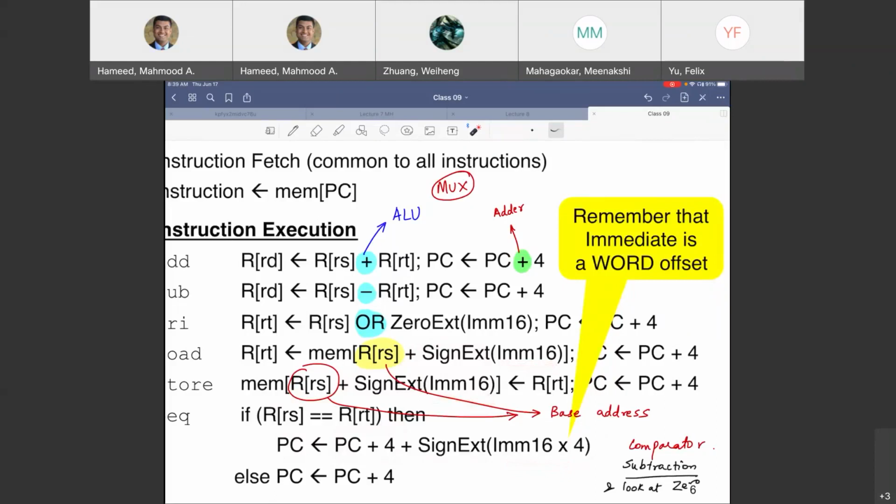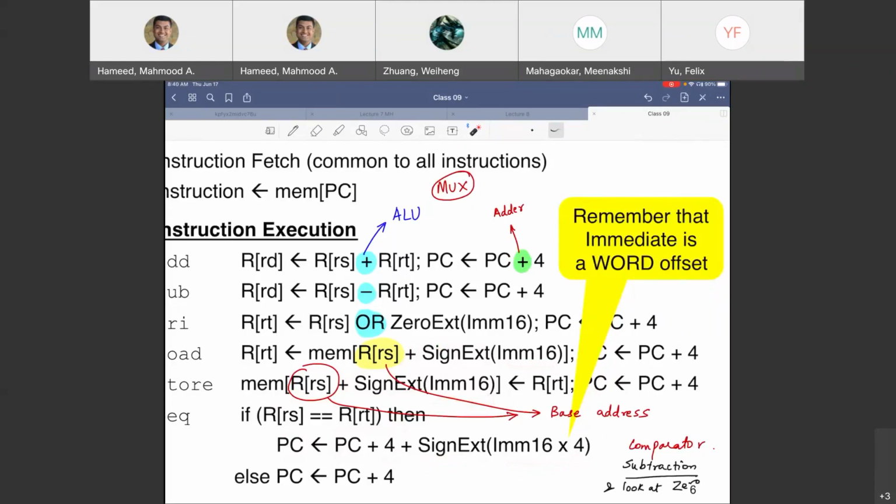Why? Because this is a branch instruction. For branch instruction, your offset is in words, right? Do you guys remember that? Because there is no point branching in the middle of a 32-bit sequence. You branch to the start of a 32-bit sequence, start of the word. So for that, you have the sign extender, the same hardware that was used earlier.